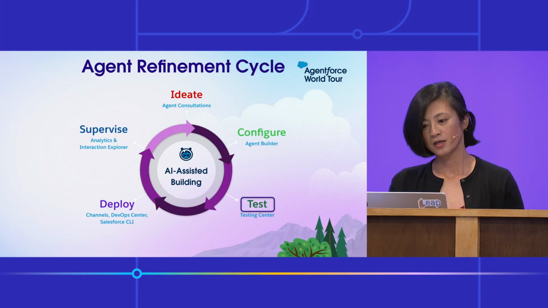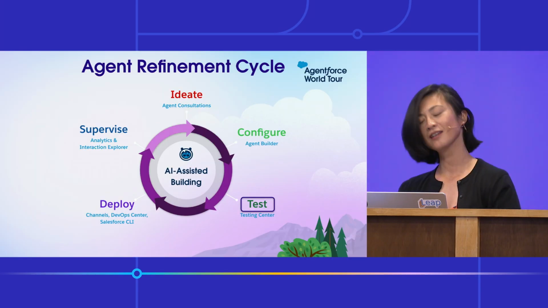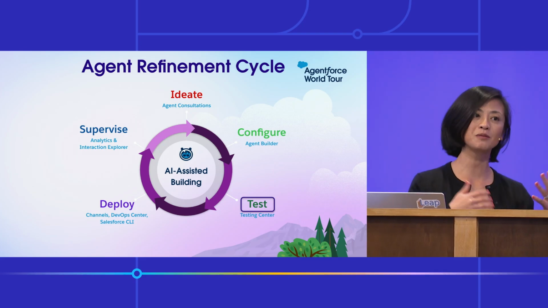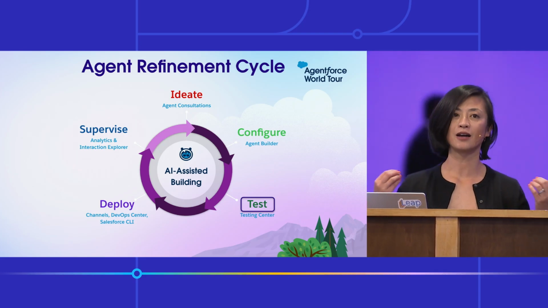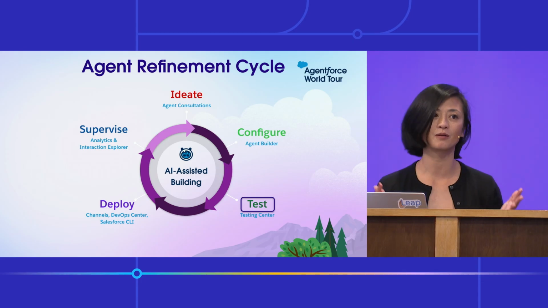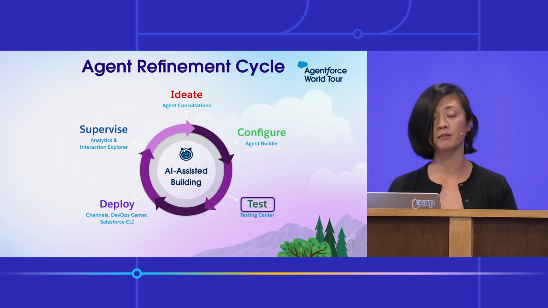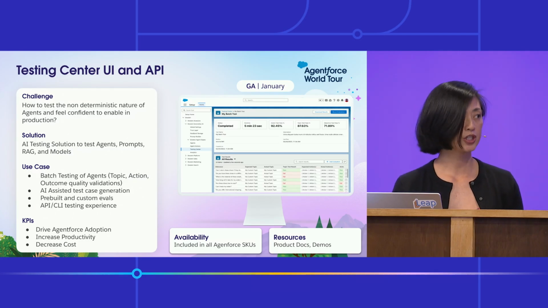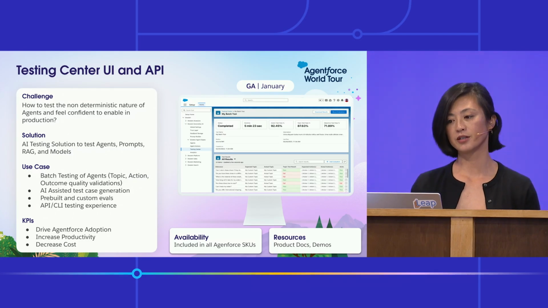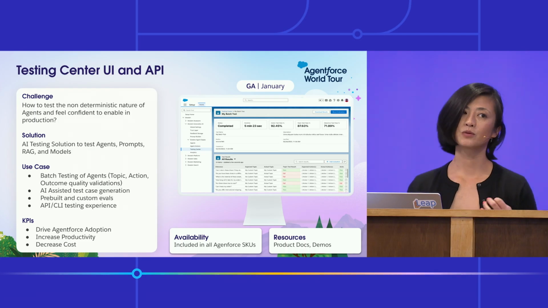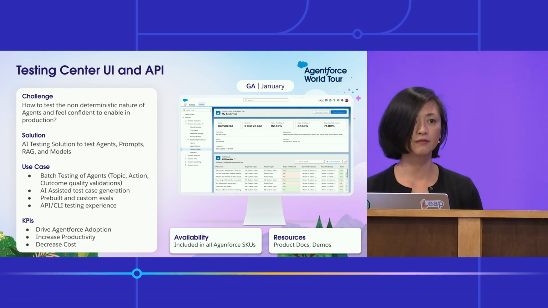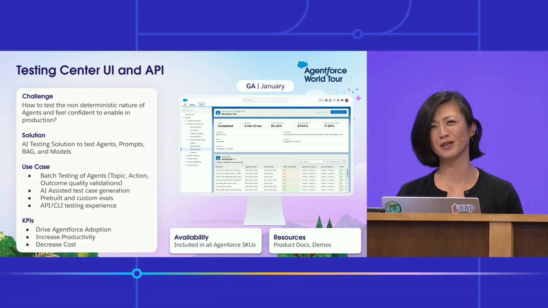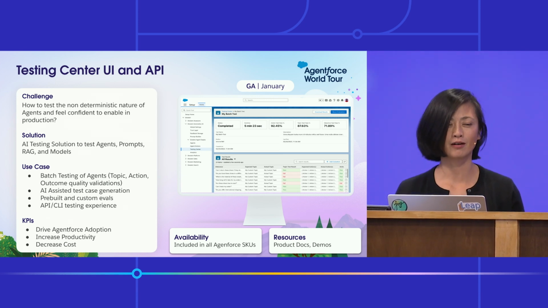All right. So let's go over to testing. As you know, it's not just important to be able to configure and create those agents, but one of the most important things is to test it and make sure it works at scale. We went GA with Testing Center in January. We know that it's difficult to test agents because by nature they are non-deterministic.